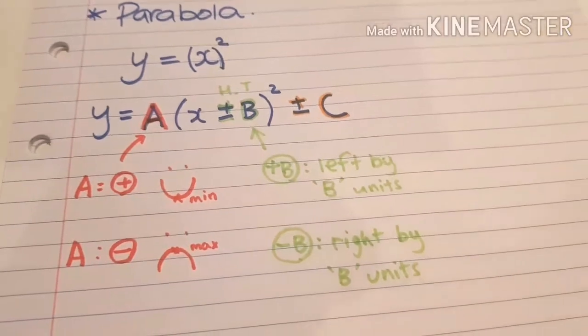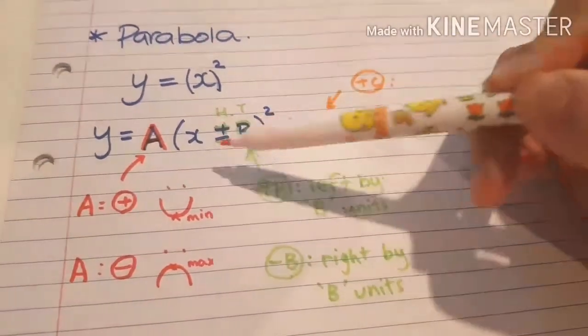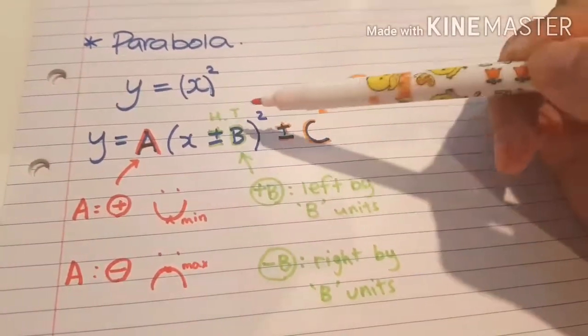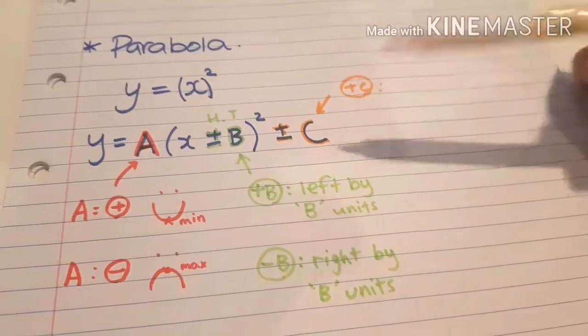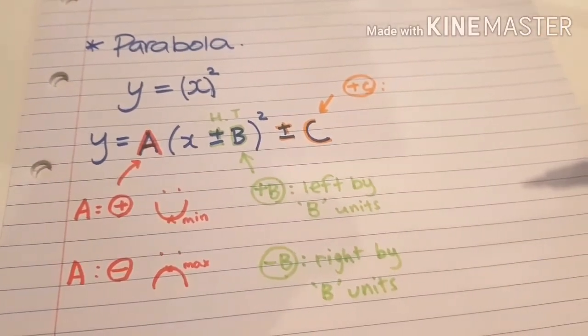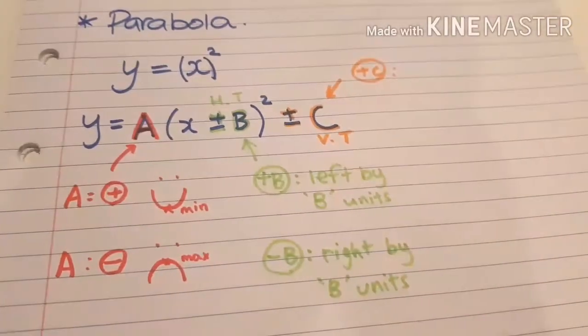Right, let's talk about plus C. My B value was talking about the horizontal left and right. Then have a guess, what would C be about? That's right, it's going to be the up and down vertical translation.